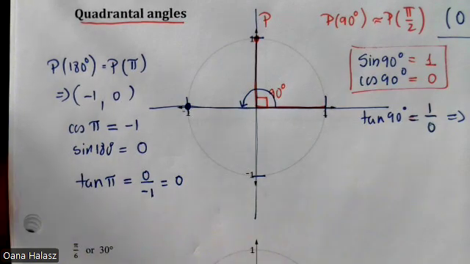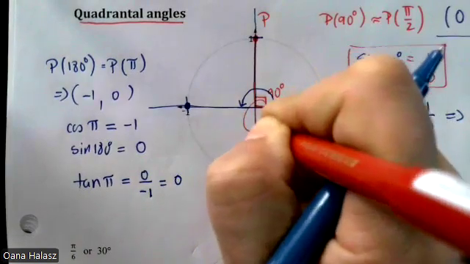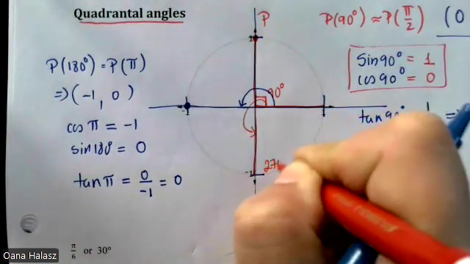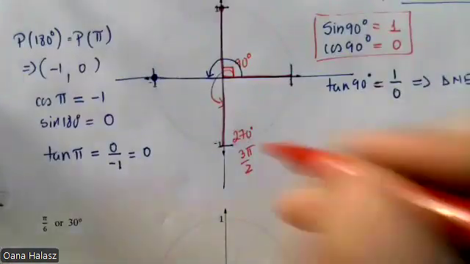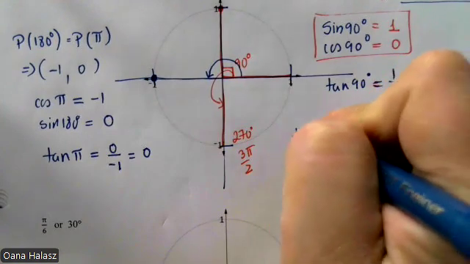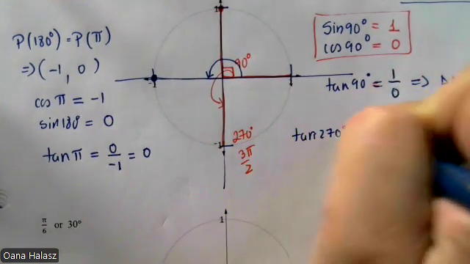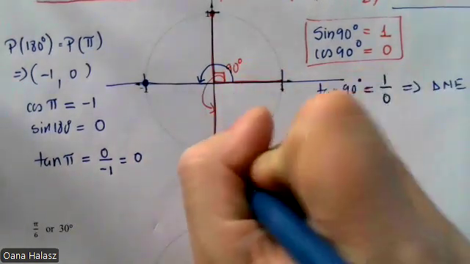The only one that I really want to work on and show you is the 270 or 3 pi over 2. Because what happens at tangent for that one? What's tangent of 270? It's going to be y over x.